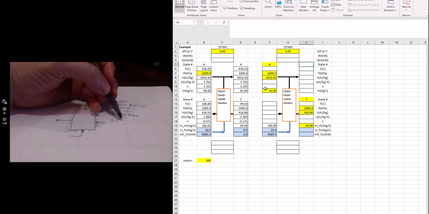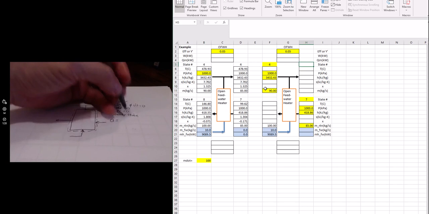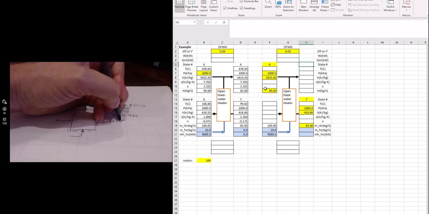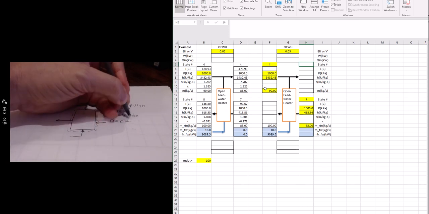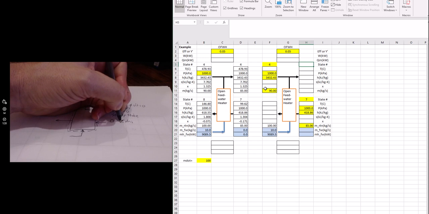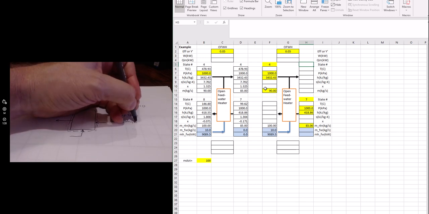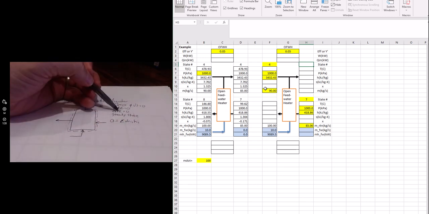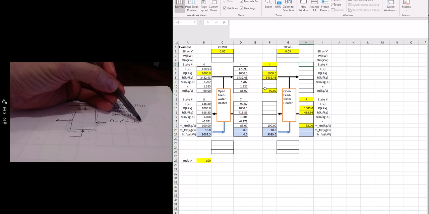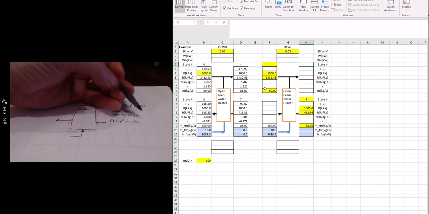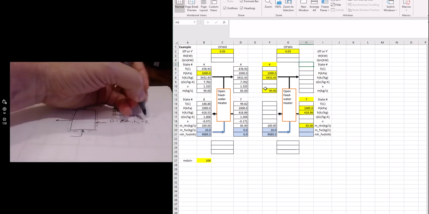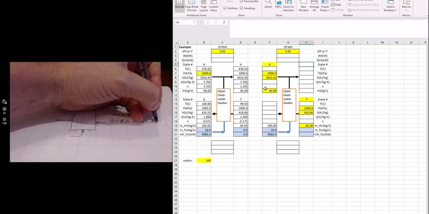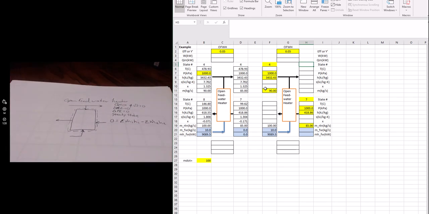So we have Q minus W, those two terms are 0, and we have the summation of m dot i h_i. Since kinetic and potential are 0, I don't have the plus V squared over 2 plus gz, minus the summation of m dot e h_e.